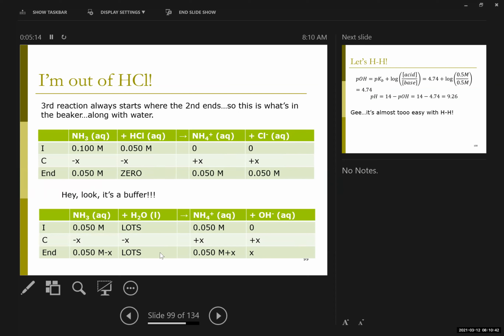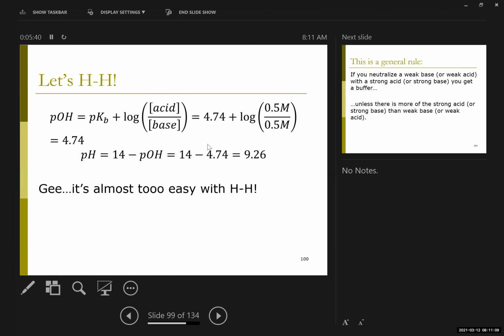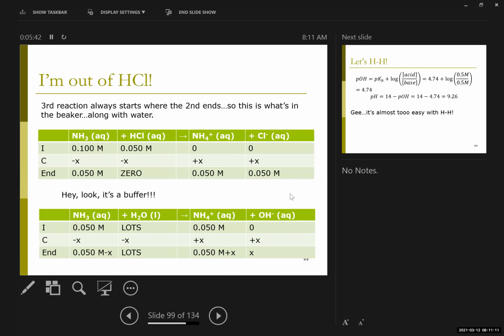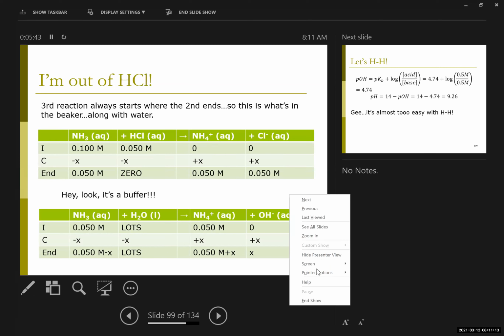And we were saying towards the end of class, when the sun was shining and the birds were singing and there was love in all of our hearts, this ends up being a buffer that was made by the fact that I had a strong acid that neutralized some of my weak base. I started with only the ammonia, but of course, the product of the neutralization reaction includes the conjugate acid.